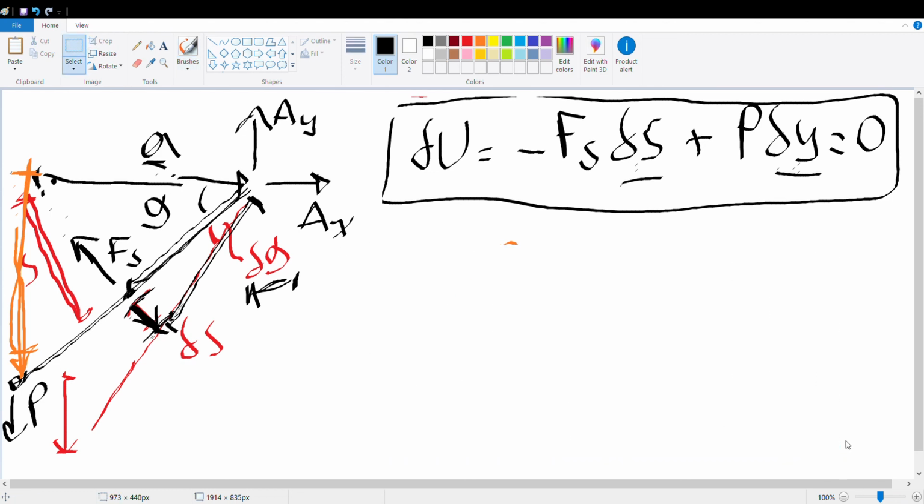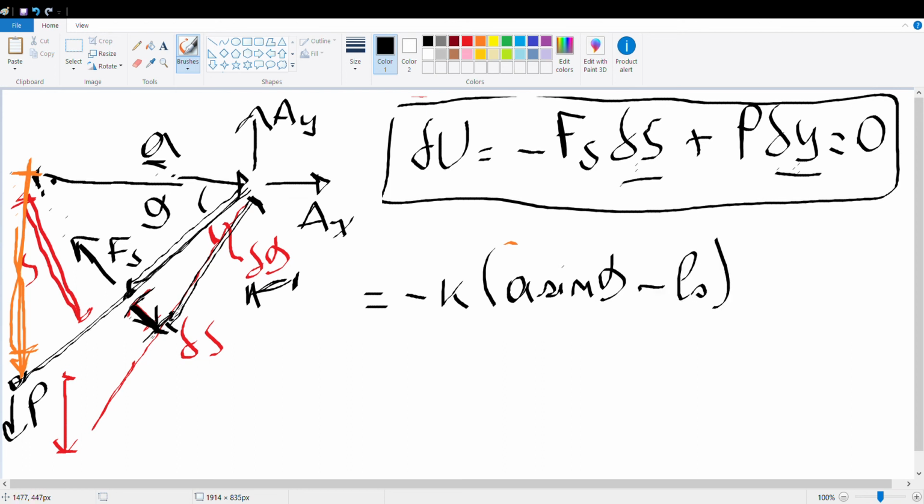So now that I have expressed both delta y and delta s as a function of delta theta, I can rewrite my virtual work equation, which is going to be minus Fs, which is k (s minus L0), and s is a sine of theta, minus L0, times delta s, which, if you remember what I did before, is a cos theta delta theta.